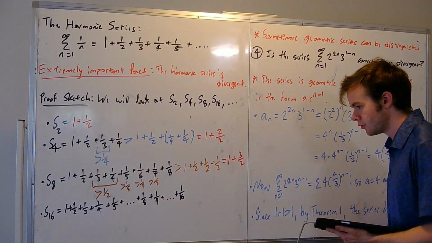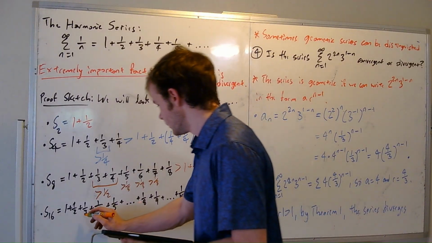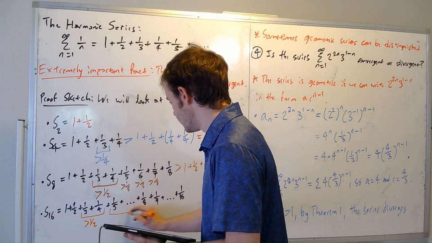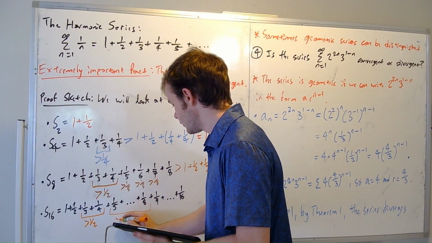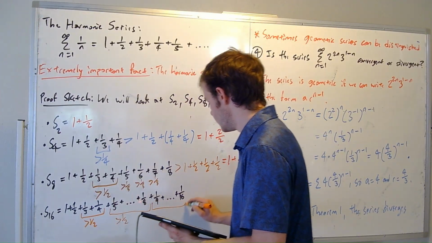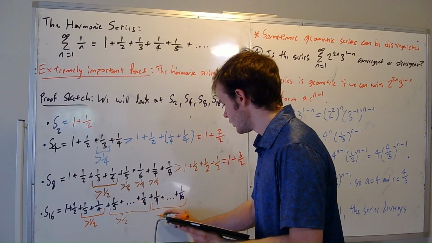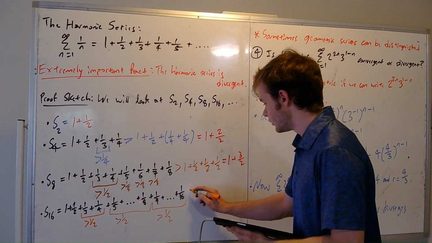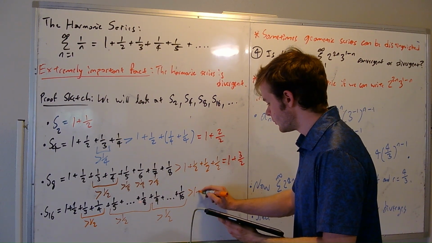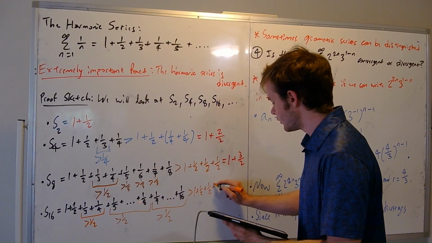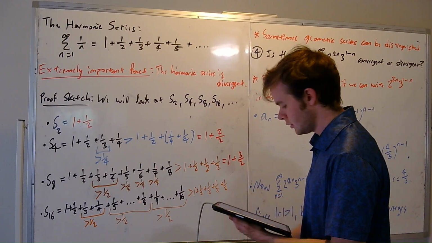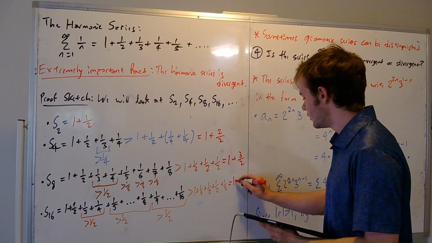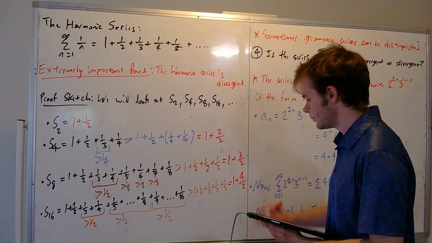Okay, and now we're going to do a little bit of grouping, and we're going to say that this part here is greater than 1/2, and this part here is greater than 1/2, and this part here is also greater than 1/2. So if we add all those things up, then this thing is going to be greater than 1 plus 1/2 plus 1/2 plus 1/2 plus 1/2, and if you add all those together, you get 1 plus 4 over 2, right?